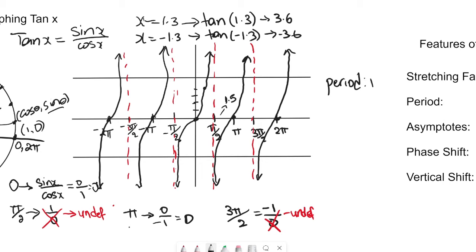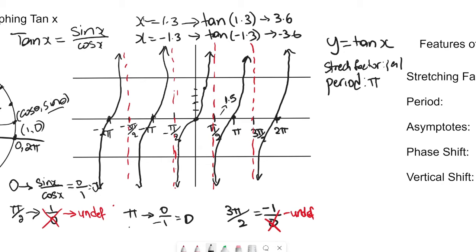Okay, it's pi. You still have your stretch factor. Your stretch factor is still the absolute value of a. And this is just for your basic y equals tan x graph.